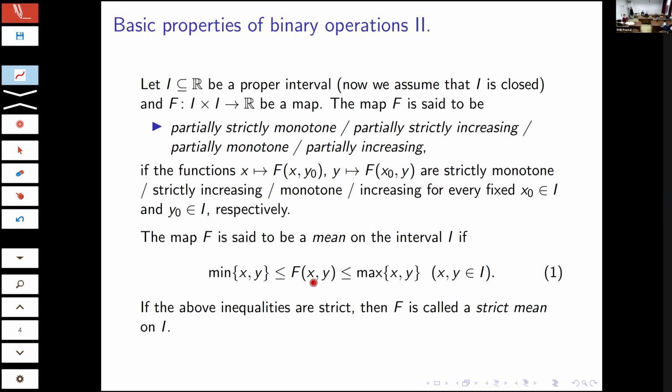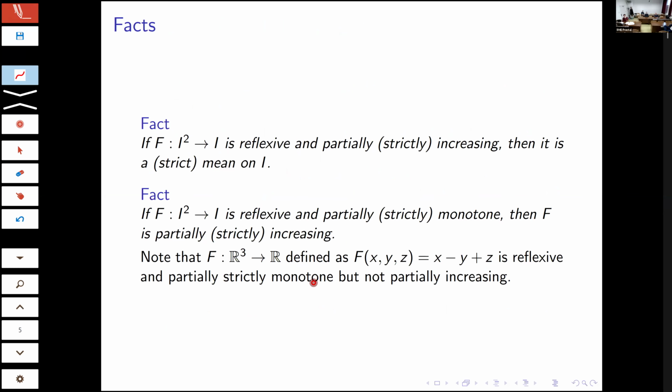There are also some small statements. For instance, if you have reflexivity and strict increasingness in two variables, then you get a mean. You can prove that. The second one is that reflexivity and partial monotonicity or partial strict monotonicity in two variables implies increasingness, but it is not the case anymore if you go further to three variables.